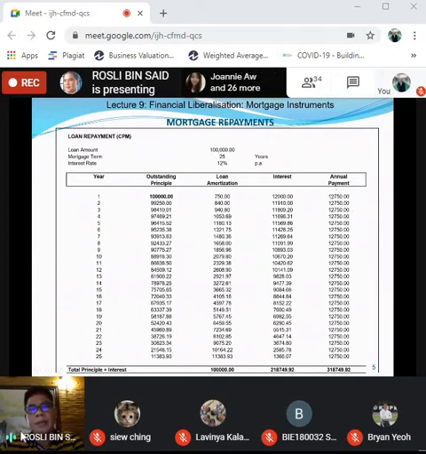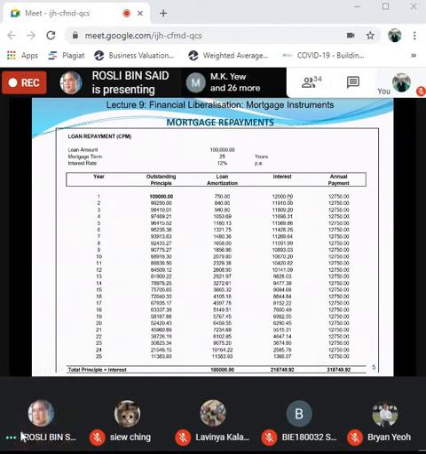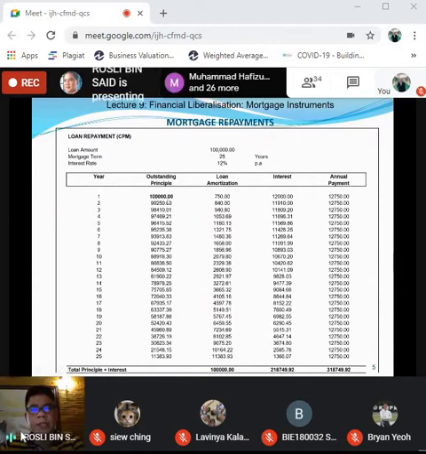Once we get the annual payment, which is 12,750, we start to calculate the interest, which is 12% throughout the mortgage period. In the first year, we have to pay 12,000 ringgit, which is 12% of 100,000.